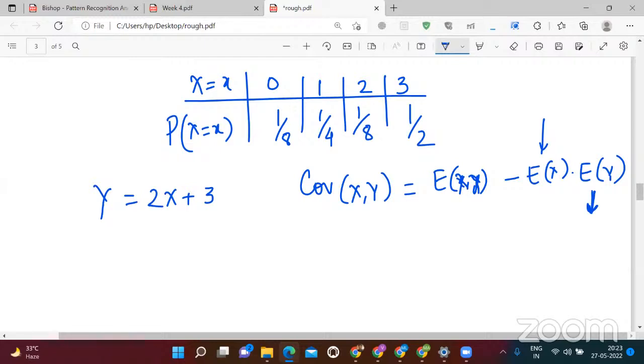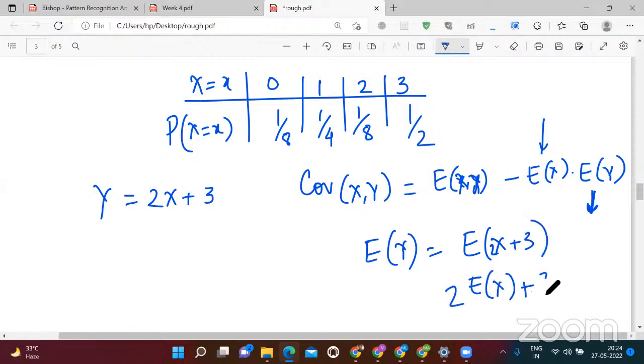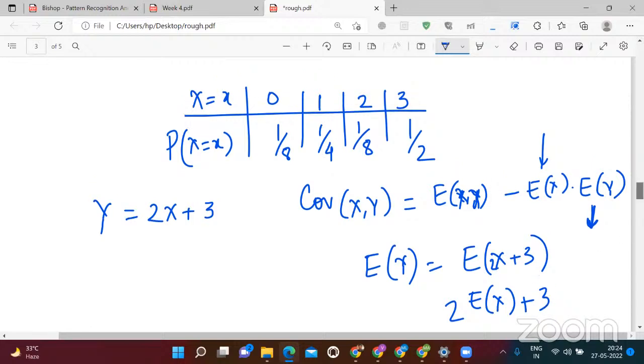Hello, Aditya. Have you calculated EY? Isn't it directly substituting the values of x in the equation to get y? Yeah, you get 2x plus 3. So whatever you are getting, just multiply with 2 and then add 3, right?